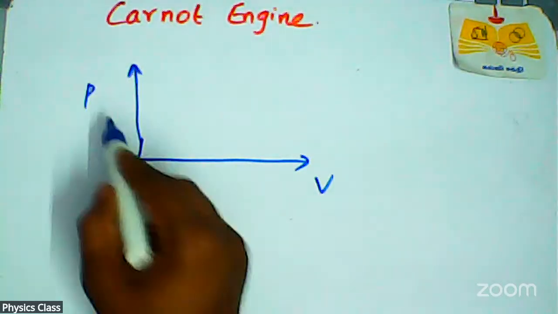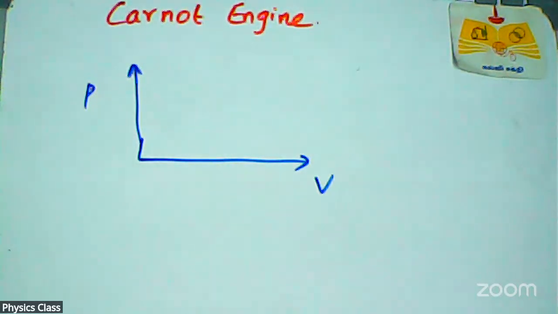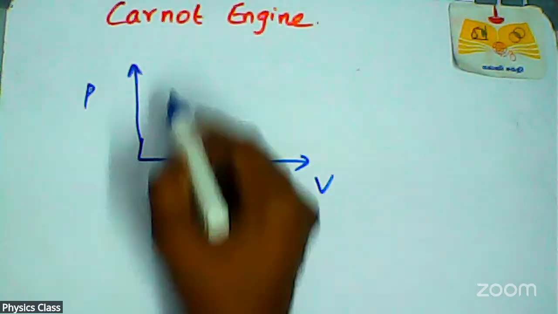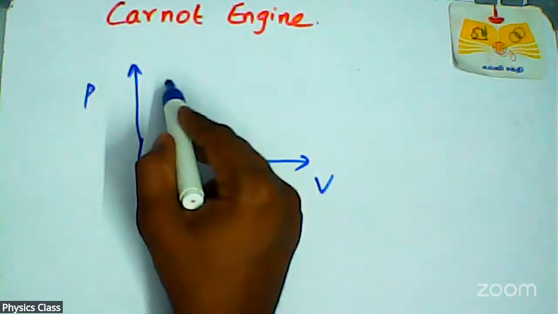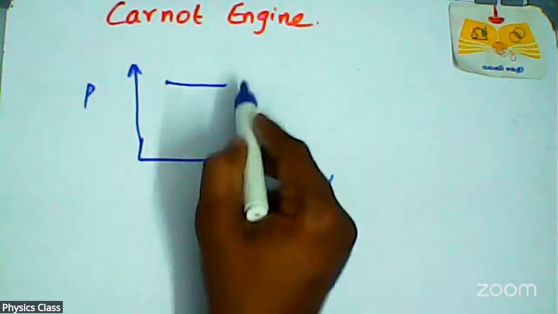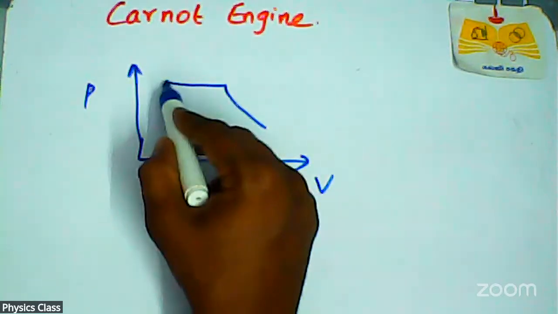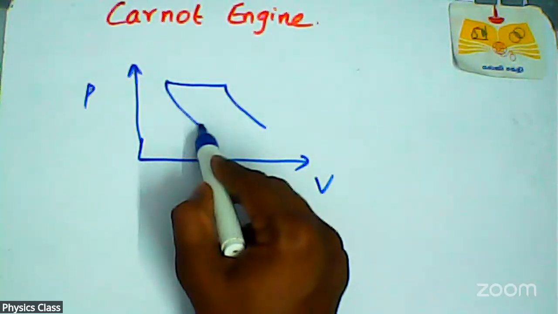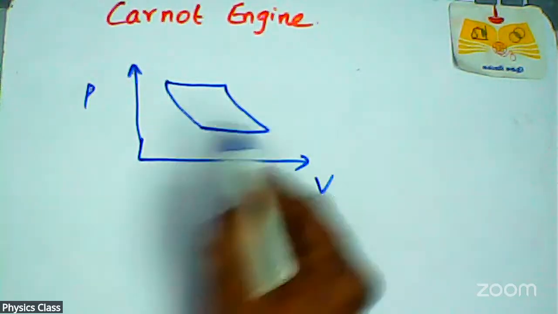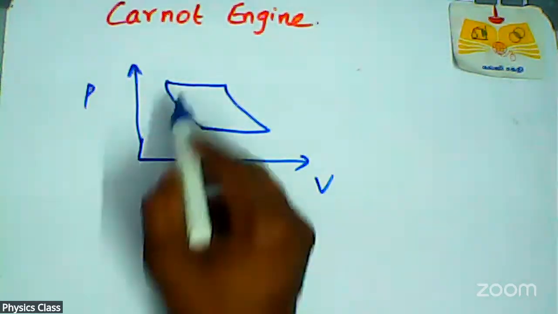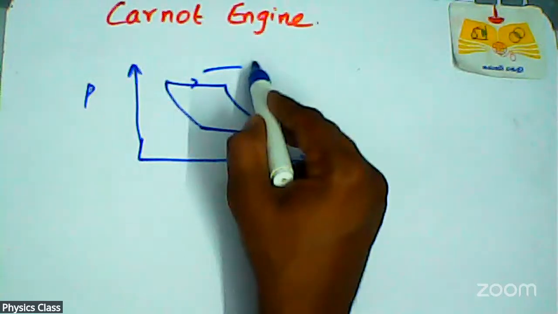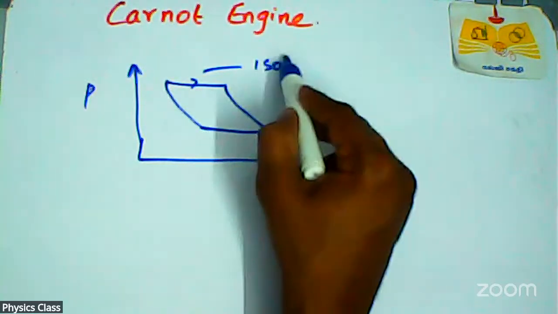This is pressure P, this is volume V. The first stage goes like this, and this is known as isothermal expansion.